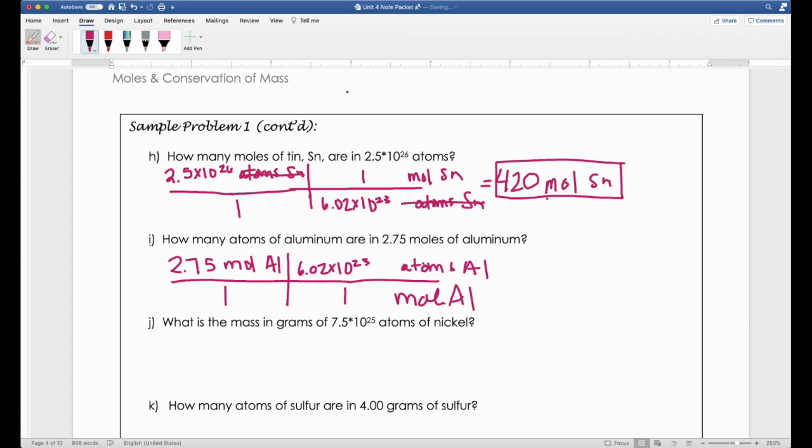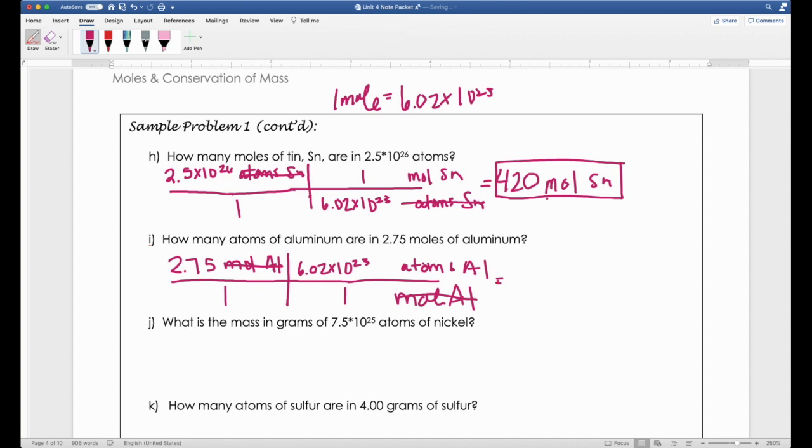Again, the conversion factor says that 1 mole of anything contains Avogadro's number of things, 6.02 times 10 to the 23rd things. So 1 mole contains Avogadro's number of things, and 1 mole contains Avogadro's number of things. In both of these cases, the thing is the atom.